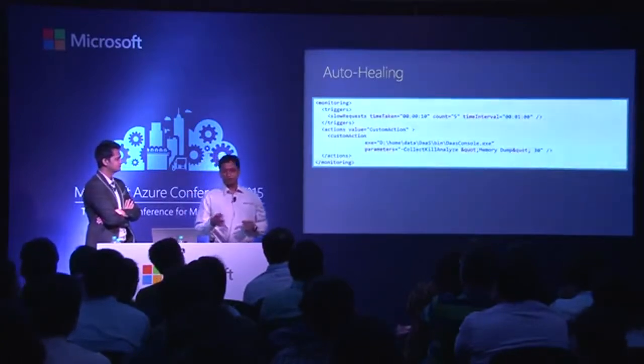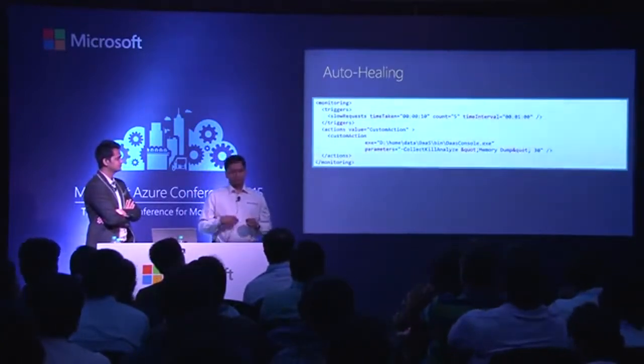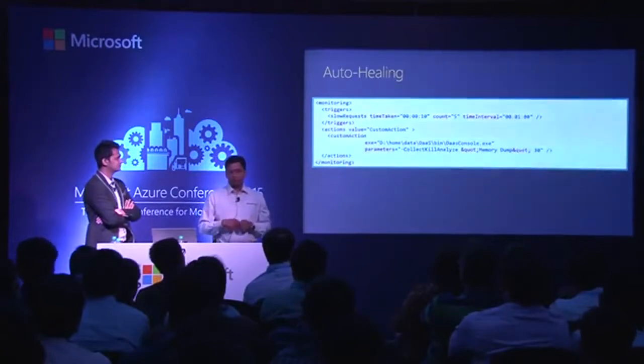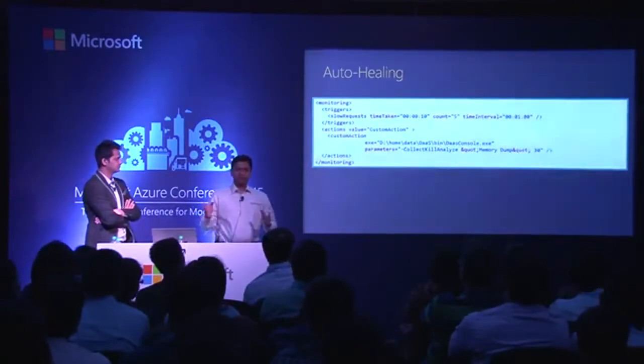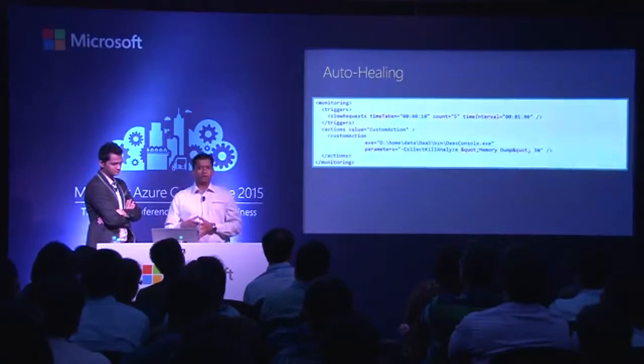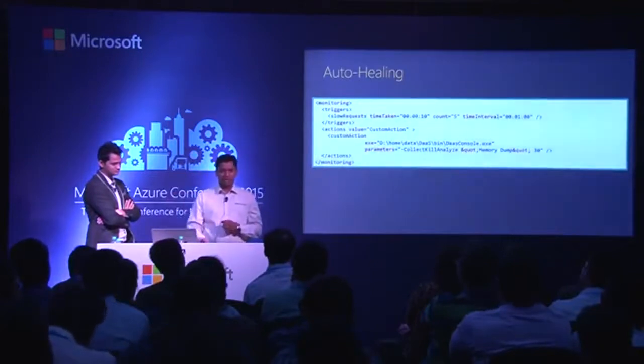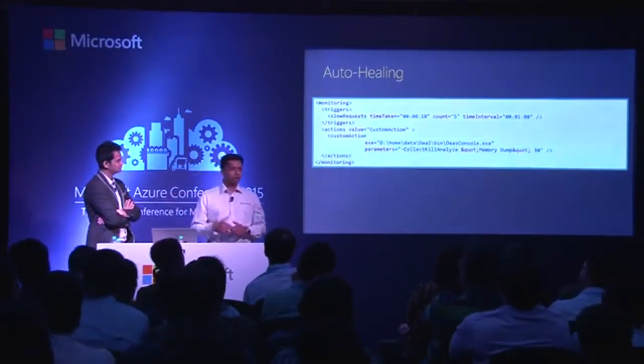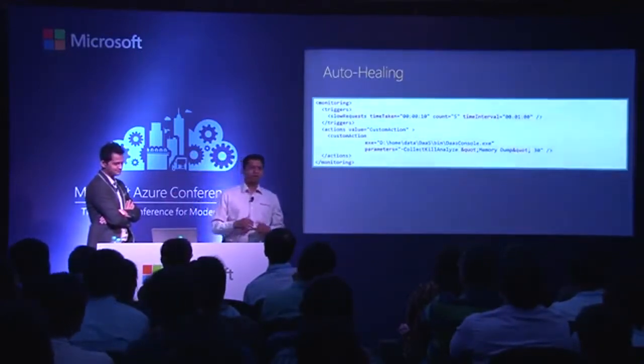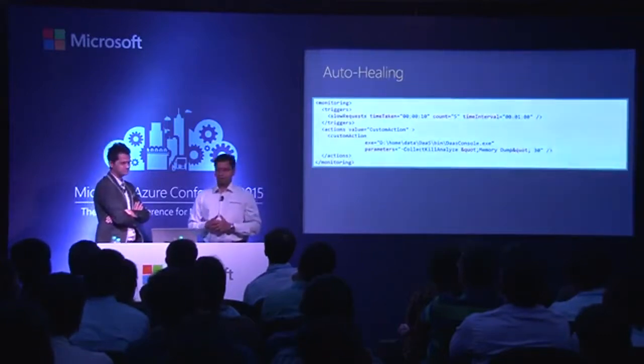It will collect a memory dump, kill your process so a new process gets spawned, and analyze it for you. Like that, you have a lot of options available for Azure websites for auto healing. You can collect data, analyze it, restart, recycle, all through auto healing. And this is done just by putting some configuration in your web.config.